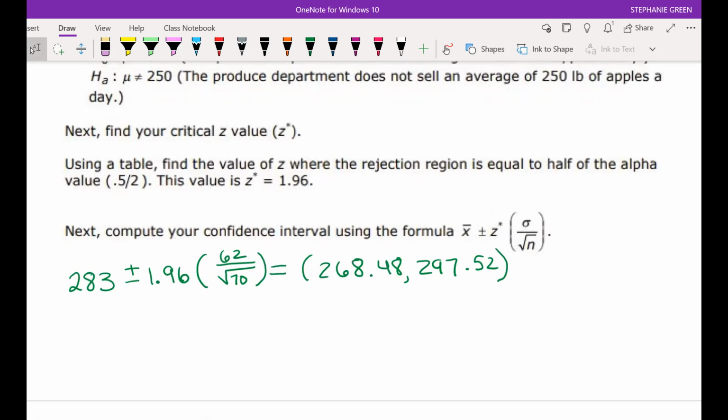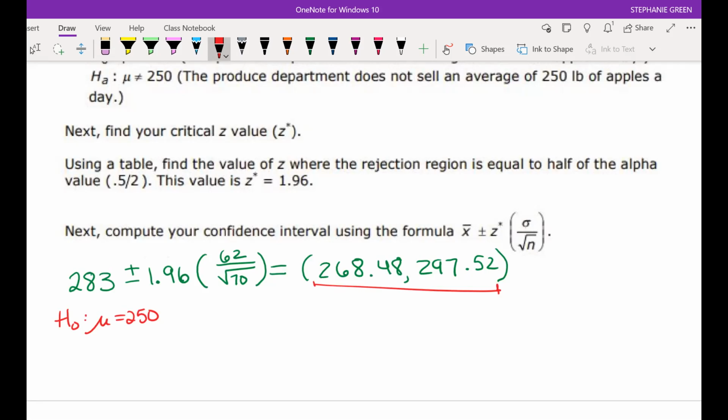All right. So is that significant? Our H naught was that the mean was 250. So can I reject that null hypothesis here? Well, 250 is nowhere within our 95% confidence interval, which means we're 95% confident that that is not the average apple sold per day.